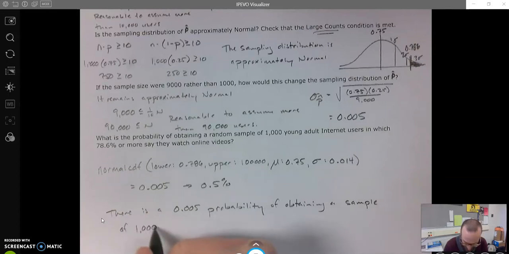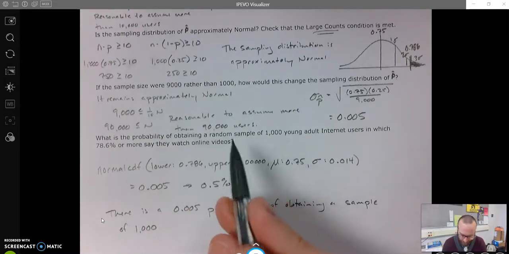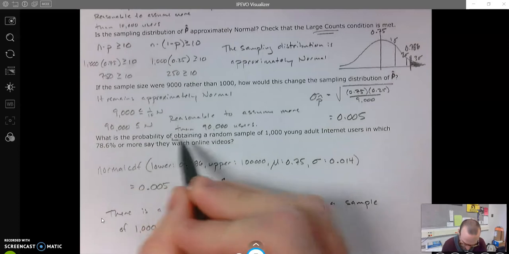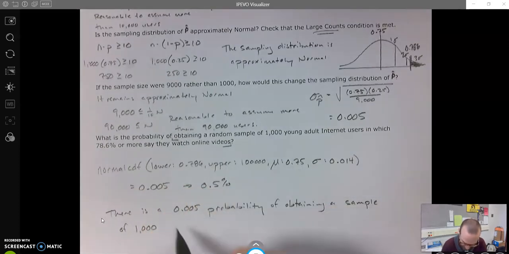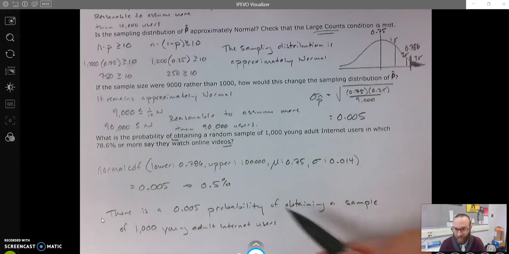And I am writing all this out. It is important that we do get used to writing this. And I know it's a lot, but I'm really just recopying this portion of the sentence. 1,000 young adult internet users. I want to be specific. Okay, I can't just say internet users because that's not what I sampled. Right? I can't just say young adults because that's not what I sampled.